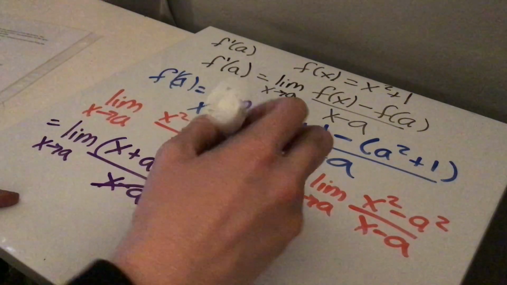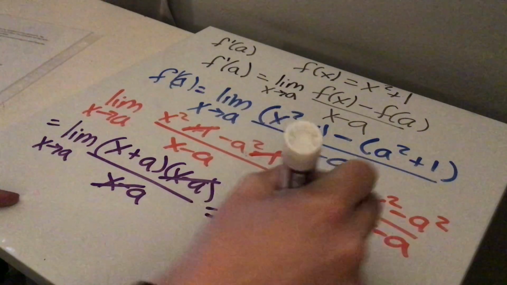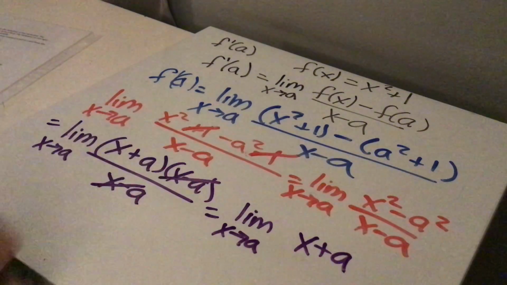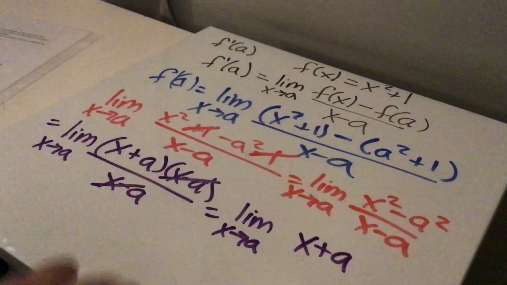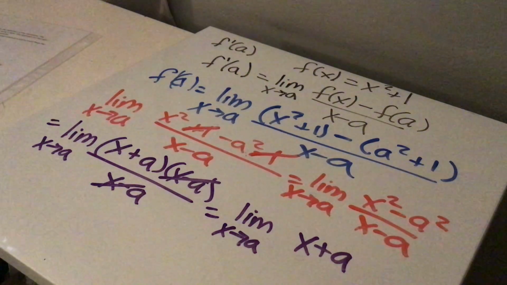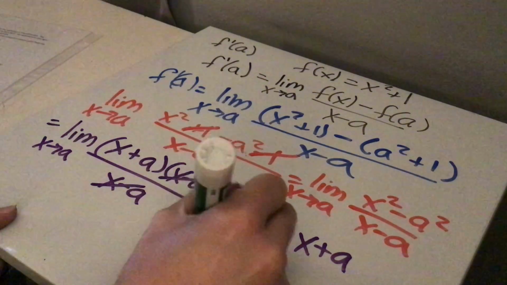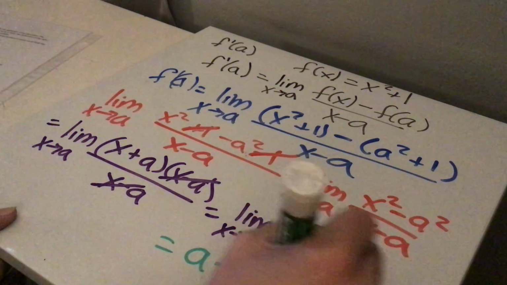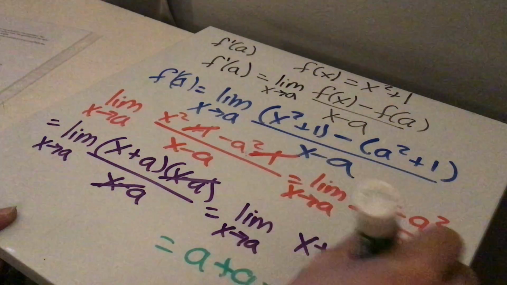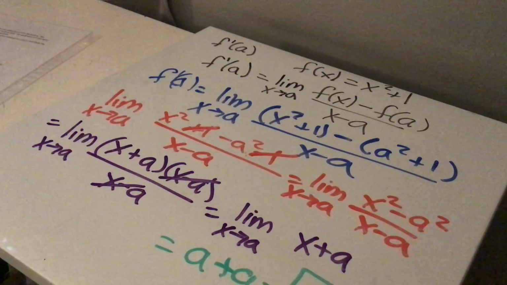So x minus a's cancel, and you get the limit as x approaches a of x plus a, right? 0 is no longer in the denominator, so now you can just substitute in a for x, and we get that this is a plus a, which is 2a. That would be the derivative of the function at a.